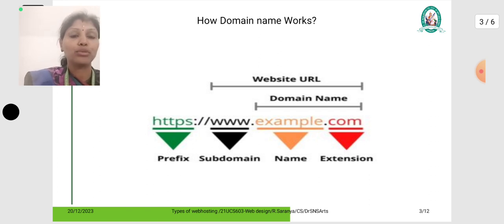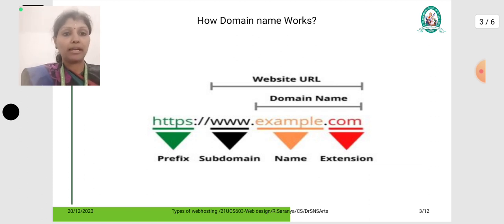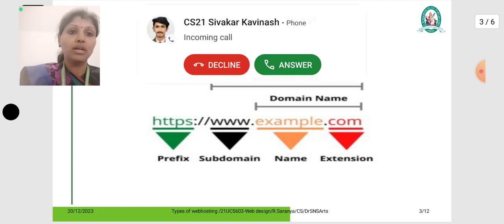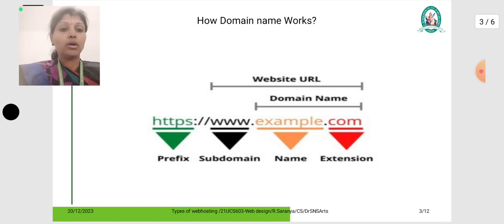First of all, we have to analyze what kind of website we are going to develop. Then, after choosing the type of website, we have to choose the domain name. If it is a commercial website, we specify the domain name as .com, or if you want to specify our country name, we can use .ac.in.